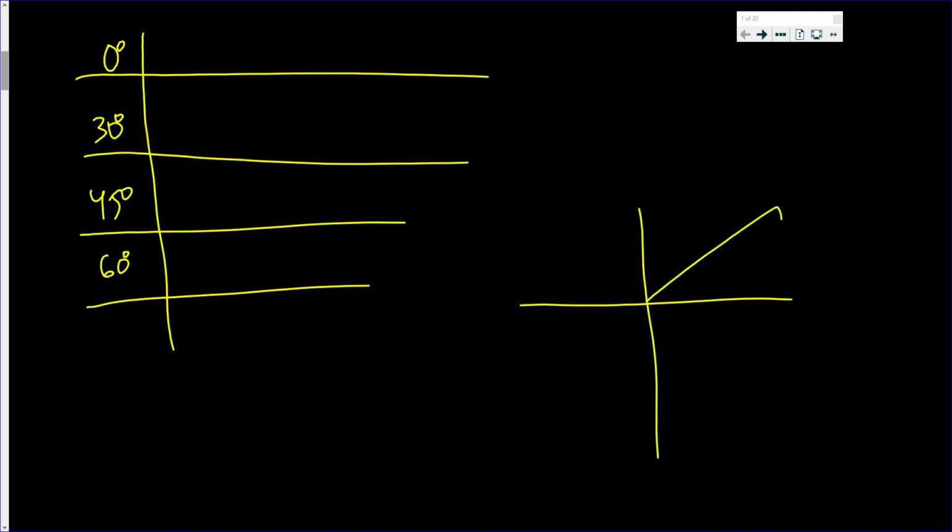In the first quadrant, if I drew an angle, always go down to the x-axis. This is 30 degrees and that angle is 30 degrees. Let's draw an angle in the second quadrant. Always go down to the x-axis. If the reference angle is 30, well then how big is this angle?